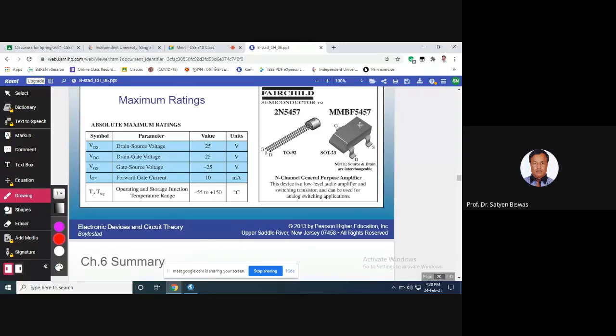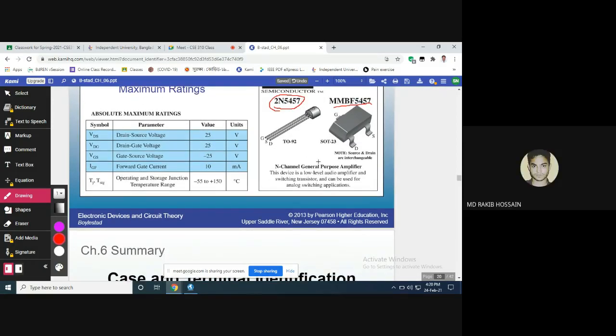This one looks like an IC. The names are different here. Same company, maybe they are making them for 2 different regions. In most cases, one is for low power applications and the other for higher power, so they do the same job, but often it depends on the power range.